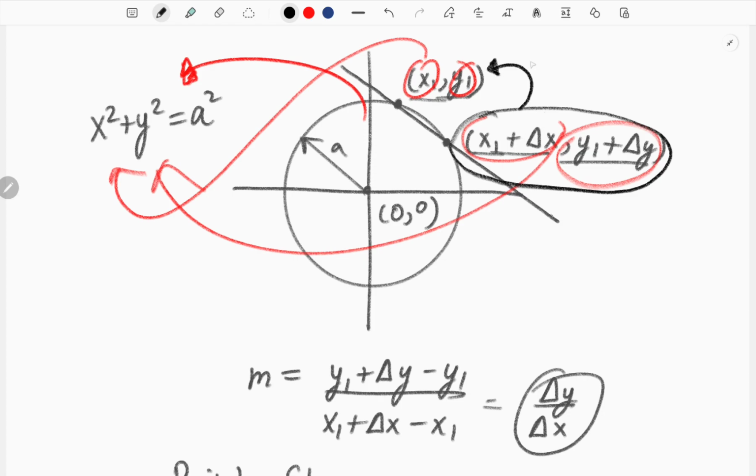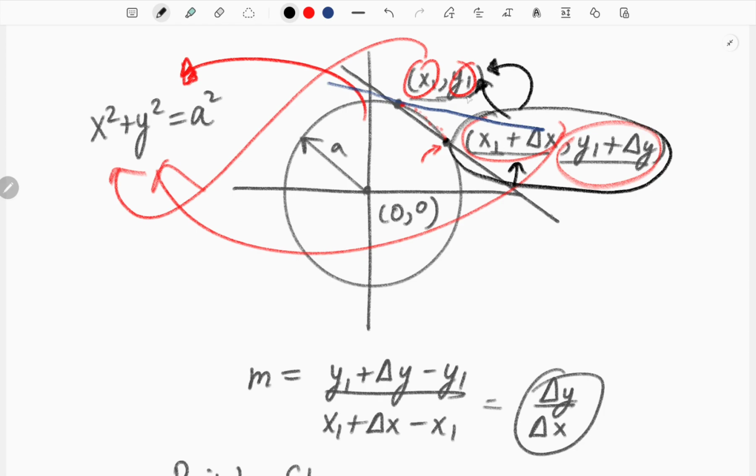So if this point equals this point, which means that this point here, it slowly comes near to this point and it comes indefinitely close, so we get that nice little tangent there. So that's what we're going to do. We're going to make this point as close to this point as possible.